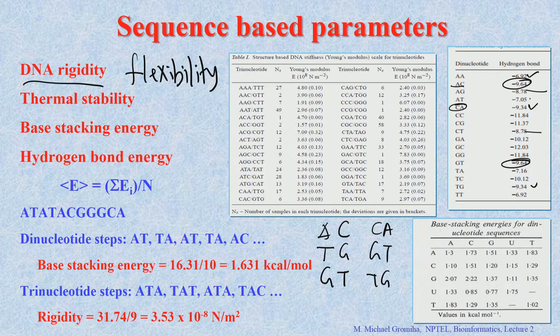This is AT. If you take TA and AT, what is the complementarity? TA; if you reverse AT, you get the same. So, you will get about 10 pairs.